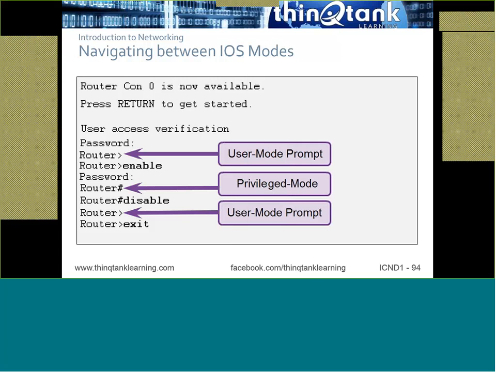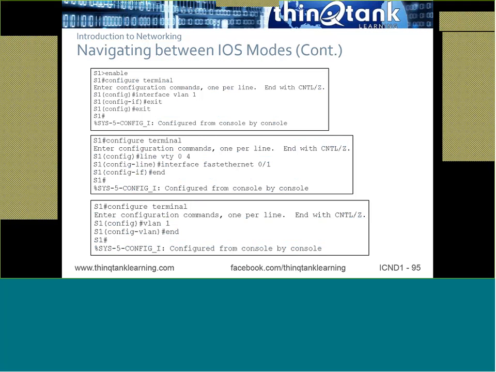Okay? So don't worry about the syntax specifically on this slide. That's not the purpose of this slide, to understand what's happening with this configuration. The purpose of this slide is to understand the progression of configuration. You can't do anything from user mode, so we type enable to go into privilege mode.